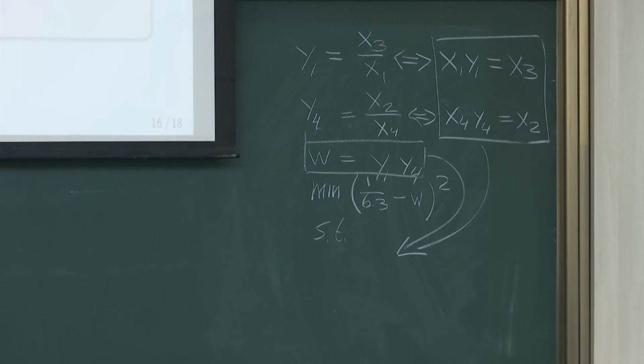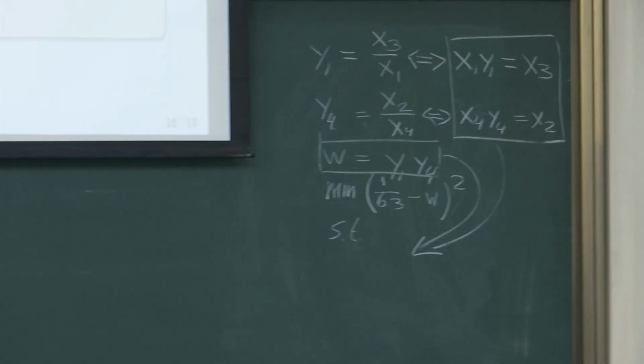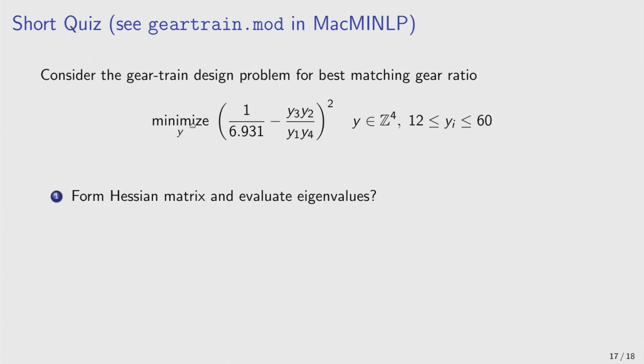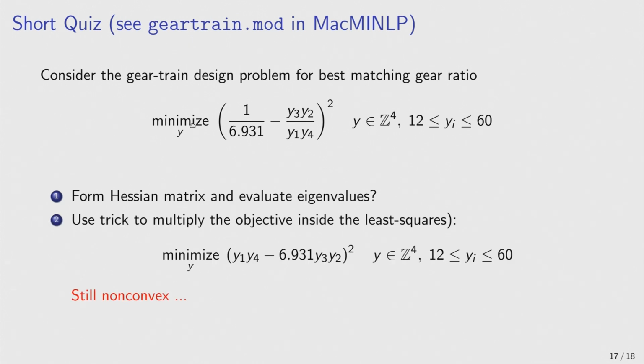So I'll show you my solution, and then we can see if anybody else had my solution. All I did was I thought, well, I'll just multiply through by the denominator. What am I doing? I'm trying to get as close as possible to 1 over 6.931. So I can rewrite that by multiplying through by y1 times y4, which is the denominator on the right, and then multiply through by the other one.